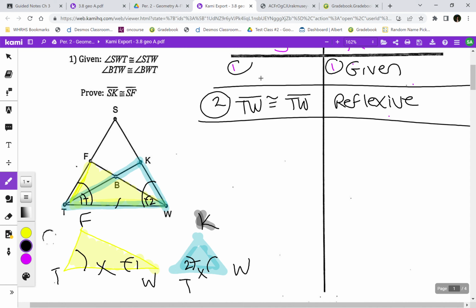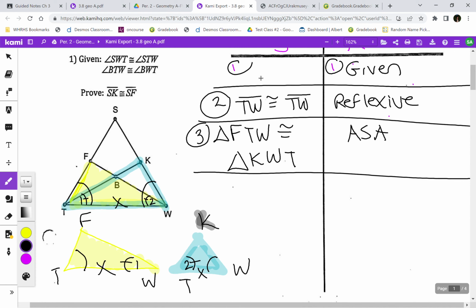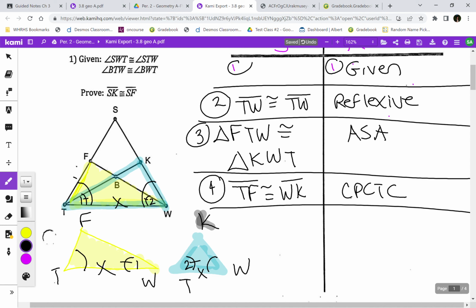So now we're going to get the triangles congruent. Triangle FTW congruent to triangle KWT, angle side angle. Now I'm going to CPCTC, TF and WK, even though that's not really what we need.